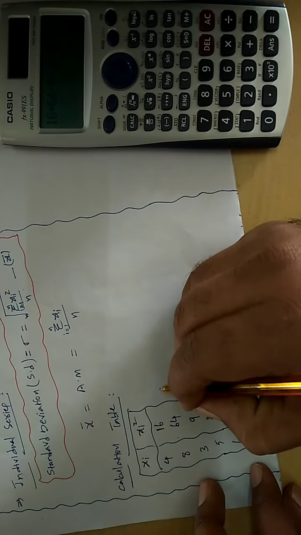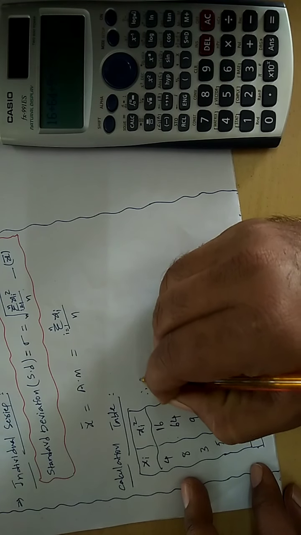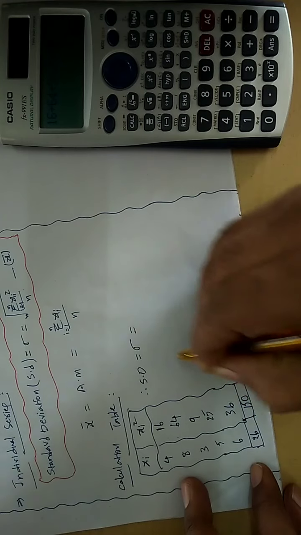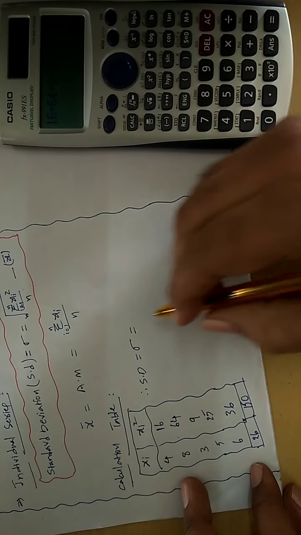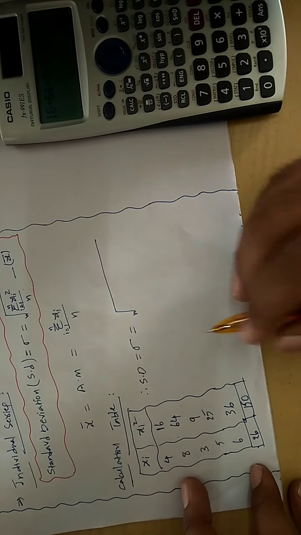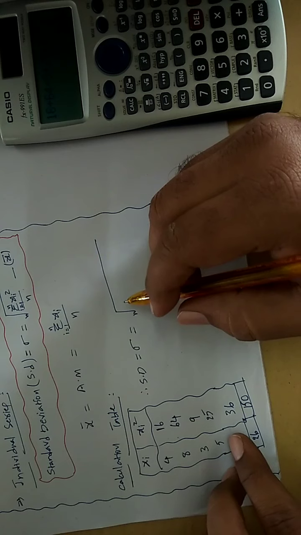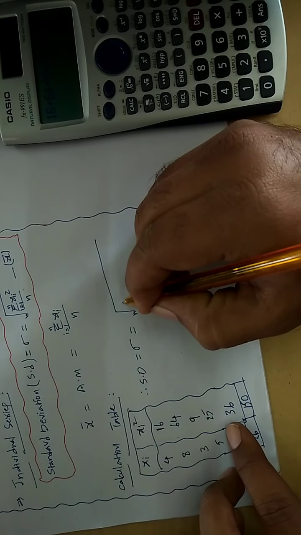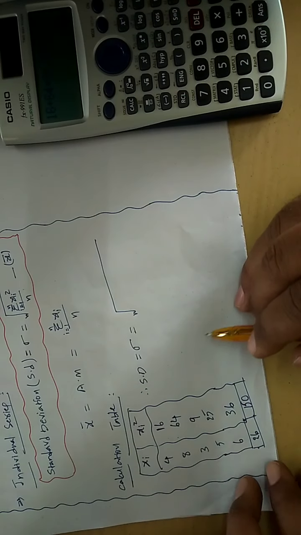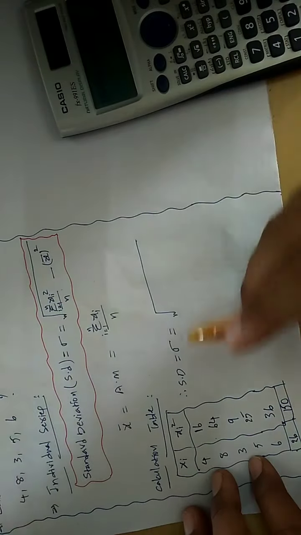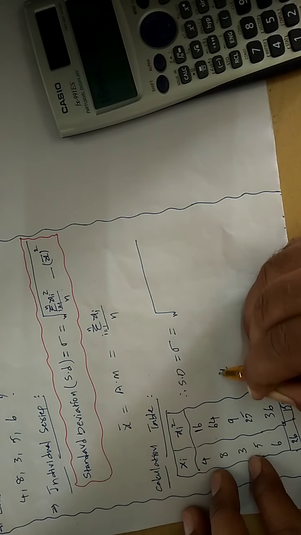Therefore standard deviation, that is sigma, is equal to the square root of xi square, which is 150. But before that, because we require the mean also, we calculate the mean.